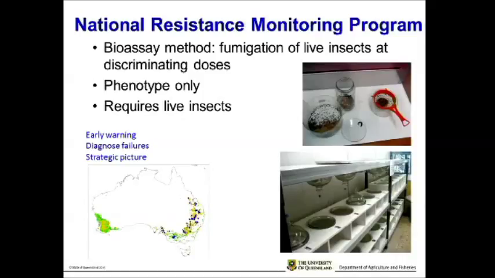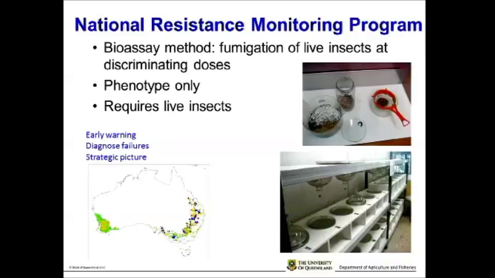And so the GRDC initiated a national resistance monitoring program, and it's probably one of the longest resistance monitoring programs that I think I've encountered. It's been going for more than 25 years, and it was really implemented to provide an early warning system to diagnose failures, to see if the failure was due to resistance or was it due to bad fumigations, leaky silos, or something like that, and give a strategic picture of what was going on.